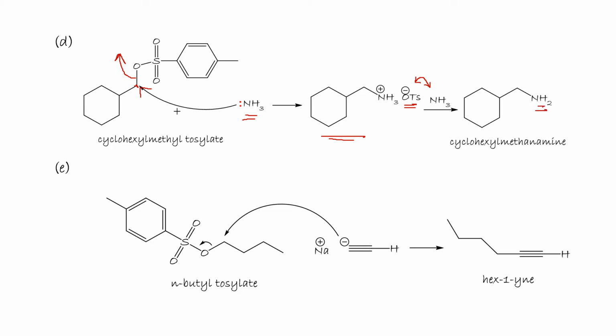So this will act as a base, taking the hydrogen from here to form NH4+ OTs-. Okay, n-butyl tosylate again acts as a nucleophile, leaving group out, to form hex-1-ene.